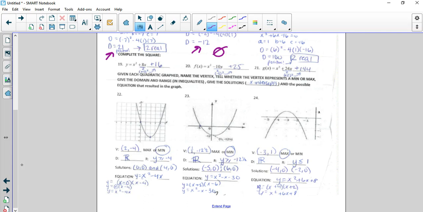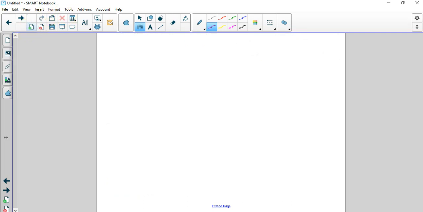Complete the square. So remember, not shown on here in the work, so I'll do one of these for an example. So x squared plus 8x. So y equals, let's erase that. X squared plus 8x.